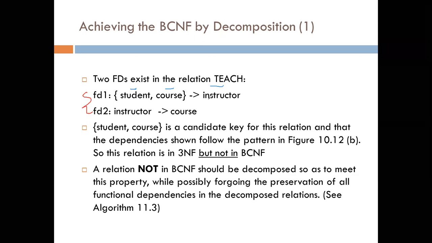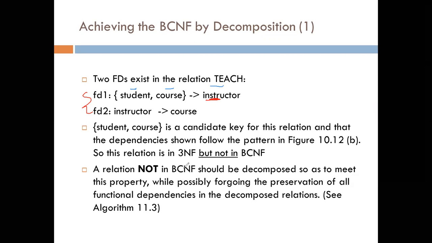So the instructor is decided based on a student and a course. For each course, there will be an instructor, and the instructor will be delivering a particular course. So again, the functional dependency of instructor to course is there.